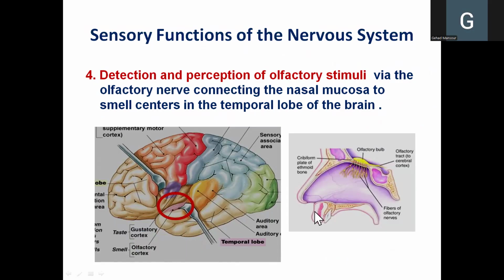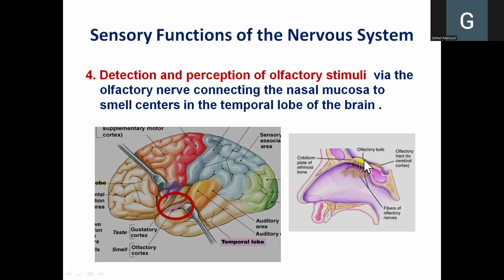Concerning the olfactory stimuli, any odoriferous substance or volatile substance will stimulate the sensory receptors here, which are the terminal branches of the olfactory nerve. And then the axons of these cells will pass through perforations or holes in this bone that is called the ethmoid bone. The ethmoid bone in the area where it is perforated is called the cribriform plate.